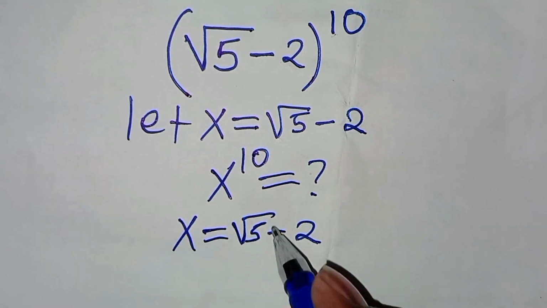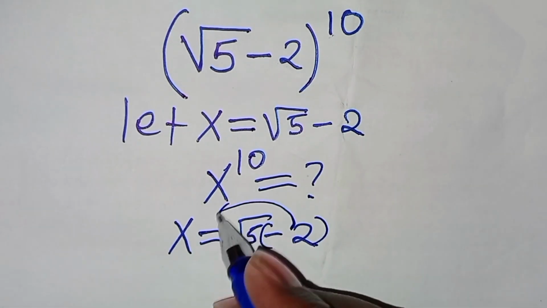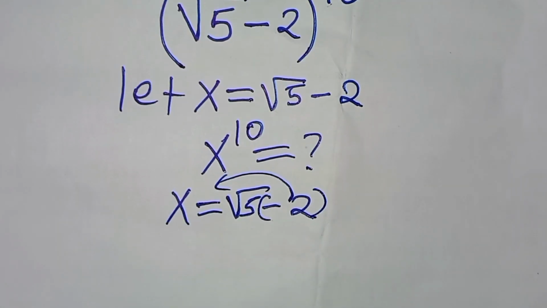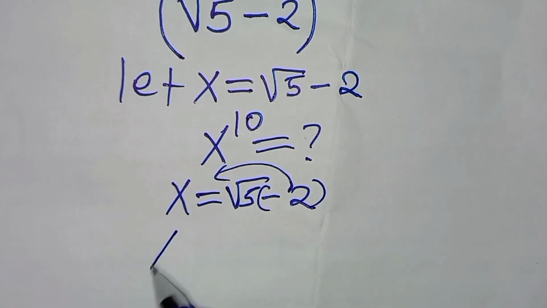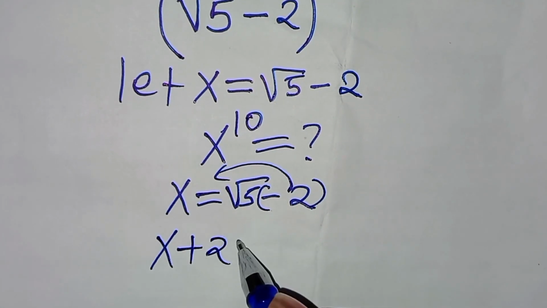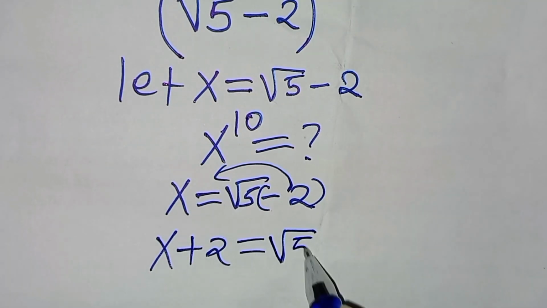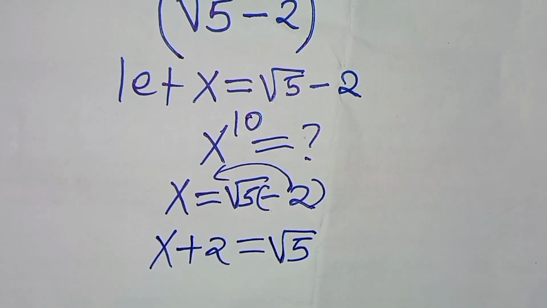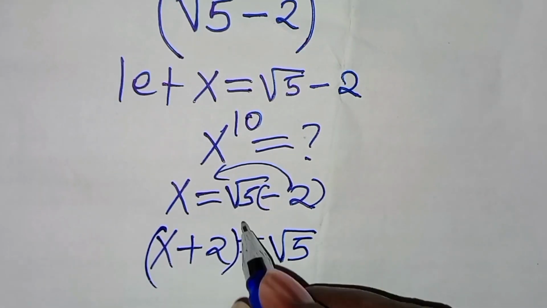So the next step here, let's take negative 2 on the left-hand side, so that now we'll have x plus 2 equal to square root of 5. The next step here, let's square both sides.